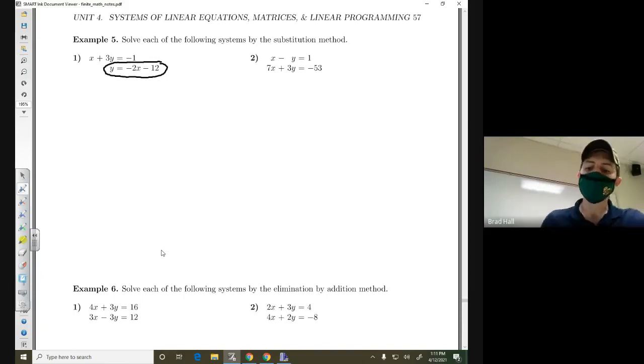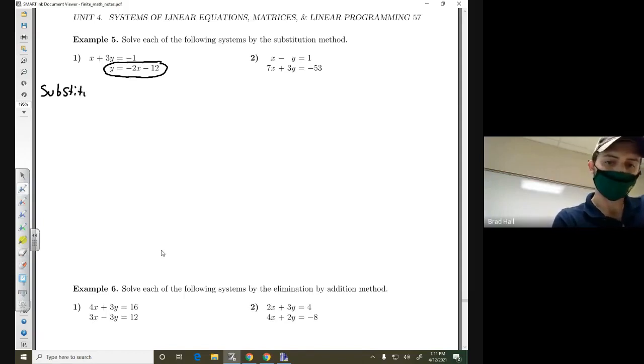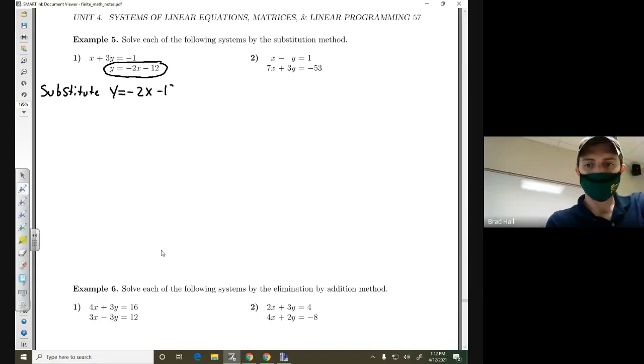So what we want to do is substitute the variable we solved for into the other linear equation.